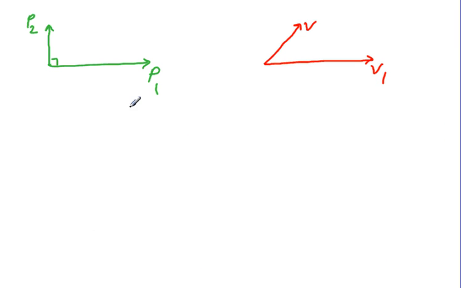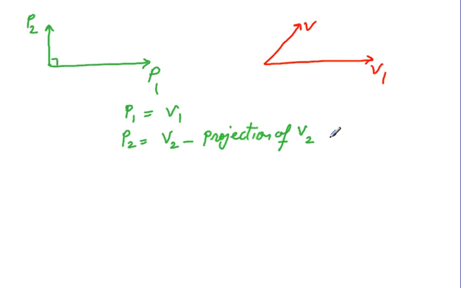So we say P1 is the same as V1. P2 is V2 minus projection of V2 on P1. So that is, now do you remember what was the formula for this?